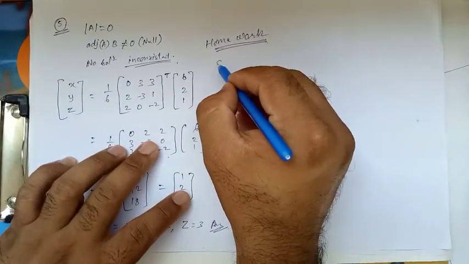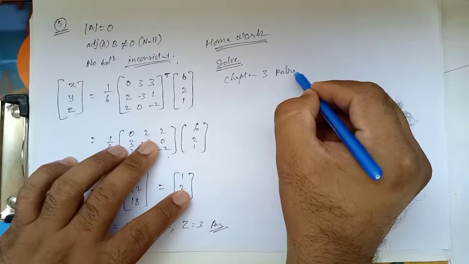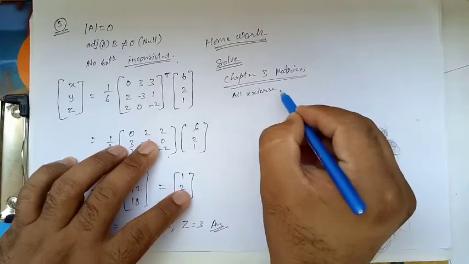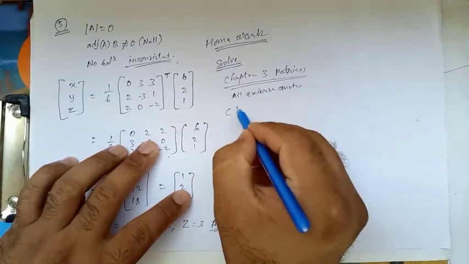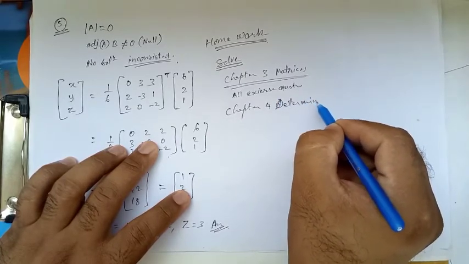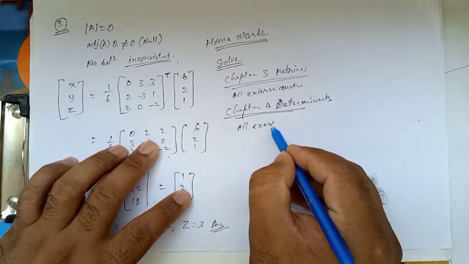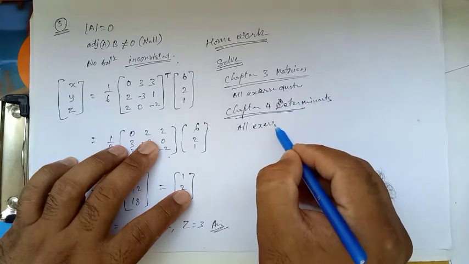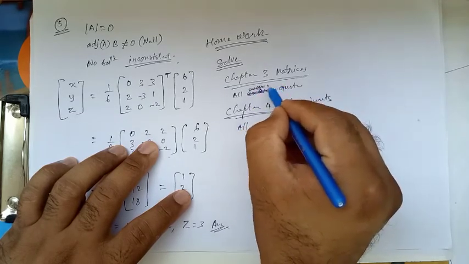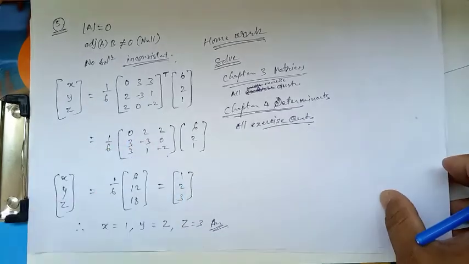You have to solve chapter 3, matrices, all the exercise questions, and chapter 4, determinants, all the exercise questions in this chapter also. Follow the NCERT textbook.